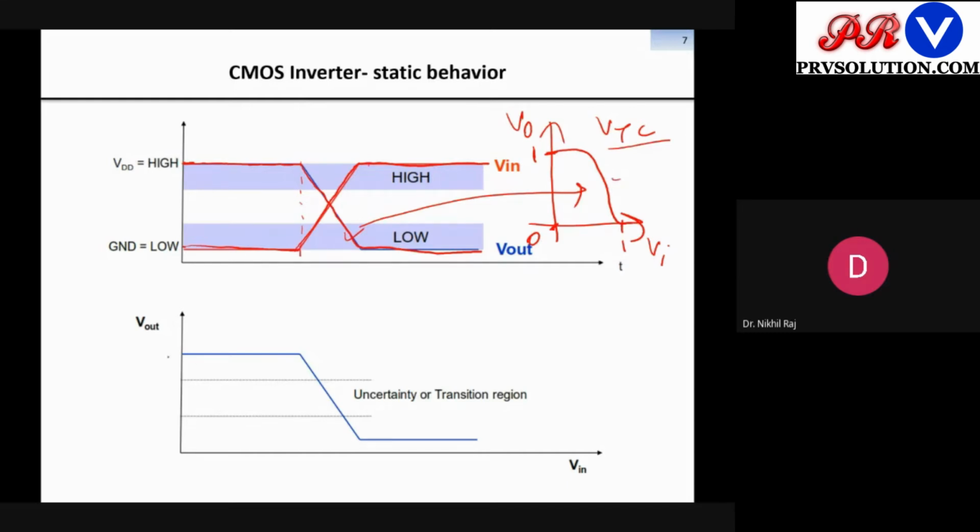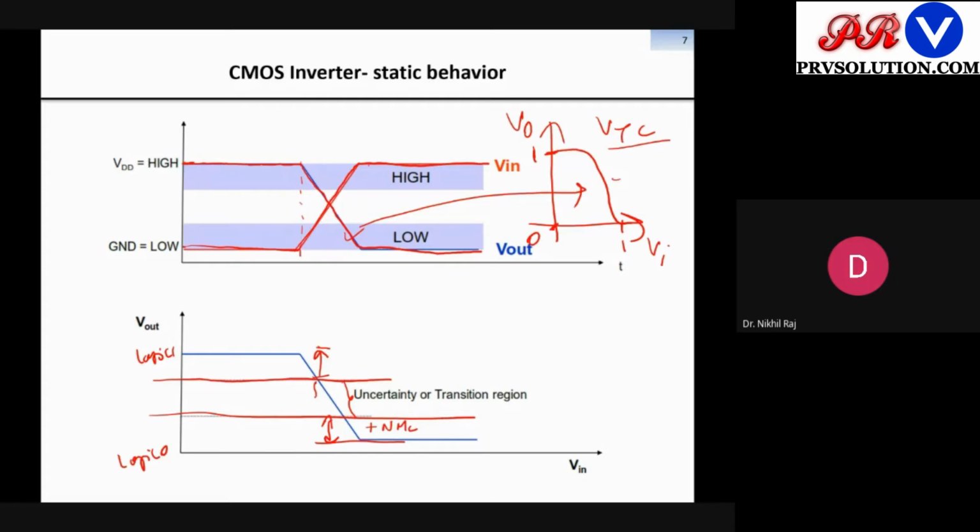When we define this as VDD, let's say it is logic 1 and this is logic 0. This complete region is your logic 0, this complete region is your logic 1, and this is your uncertainty or transition stage. Let's say this is defined logic 0, and noise margin is also included here.